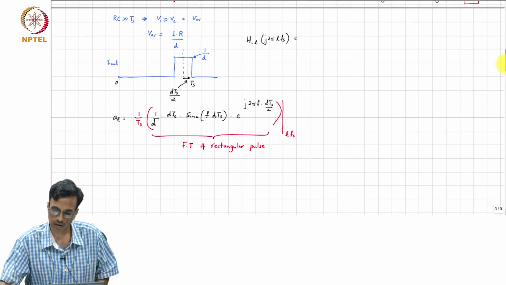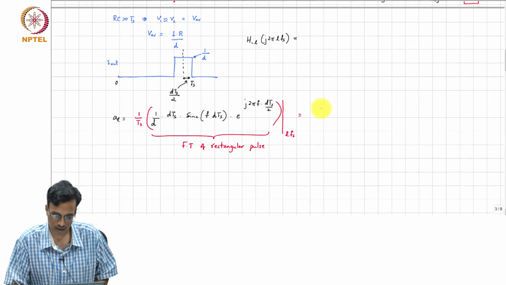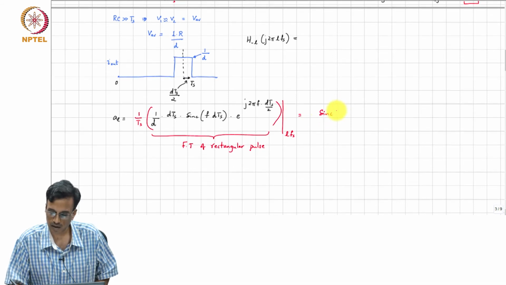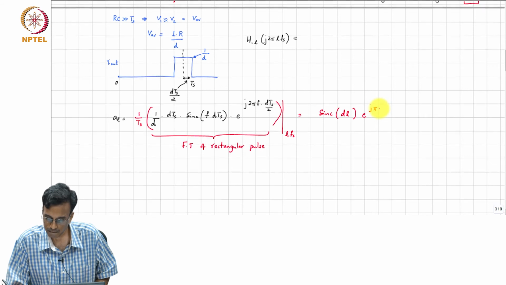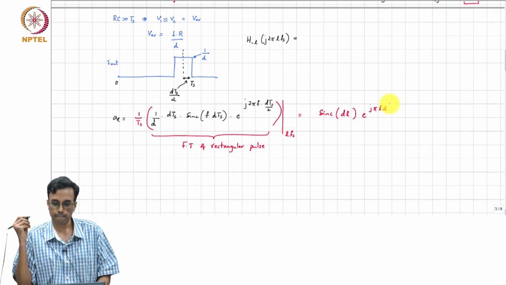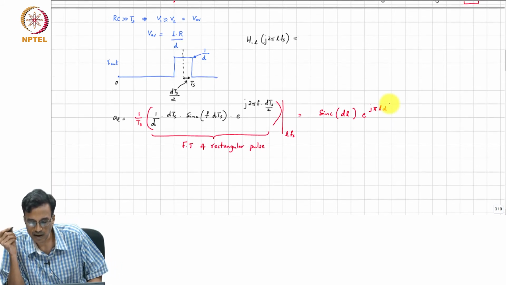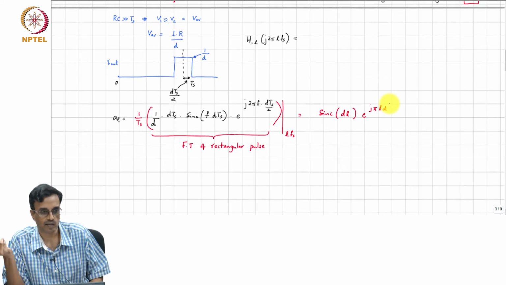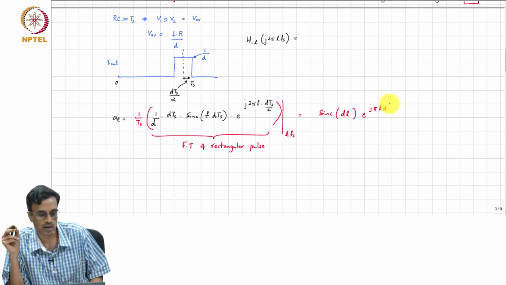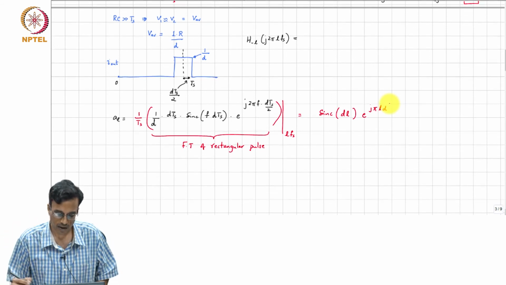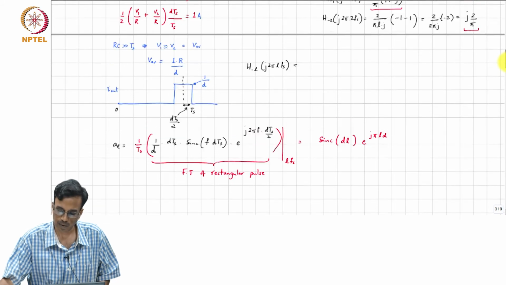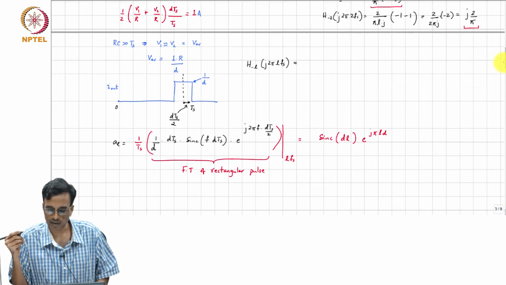And therefore, this is nothing but sinc of d times L, times e to the j pi times L times d, correct. The 2 goes away, f becomes L times Fs, and Fs times Ts is 1.